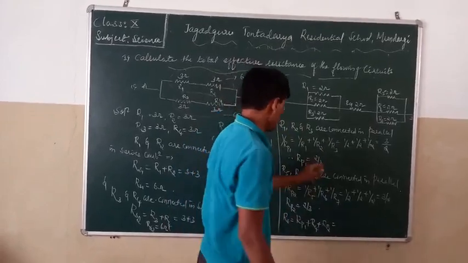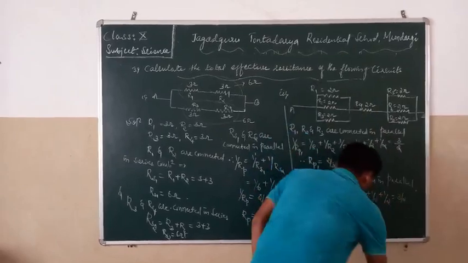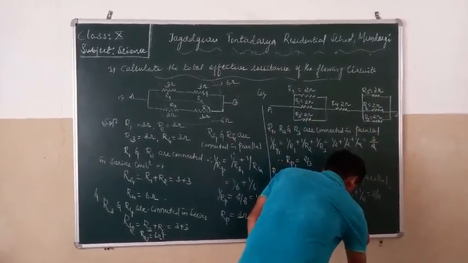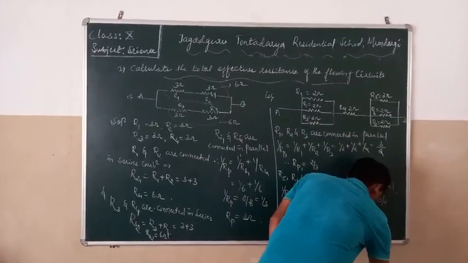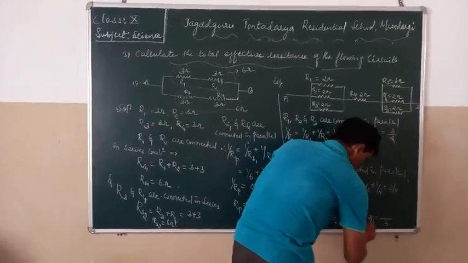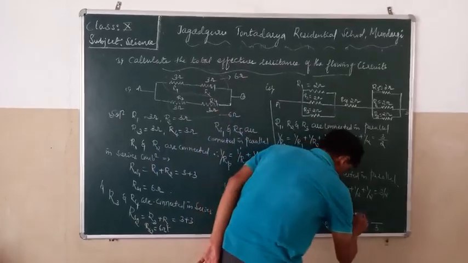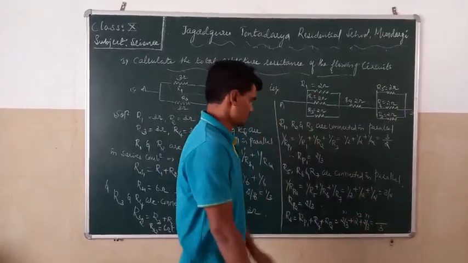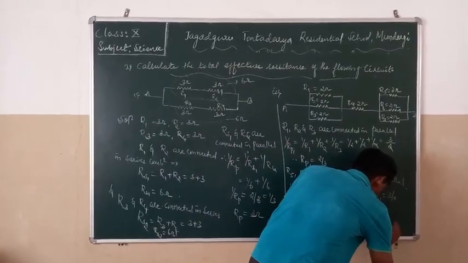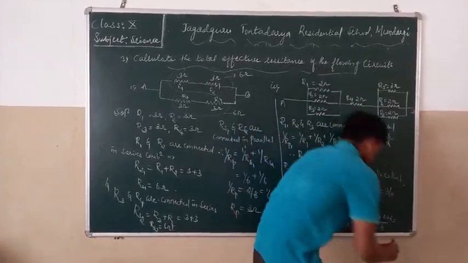Rp1, what is its value? 2 by 3, plus 2, plus 2 by 3. What is the LCM here? 3. 2 into 1, 2 plus 2 into 3, 6, plus 2. What is its value? 10 by 3.